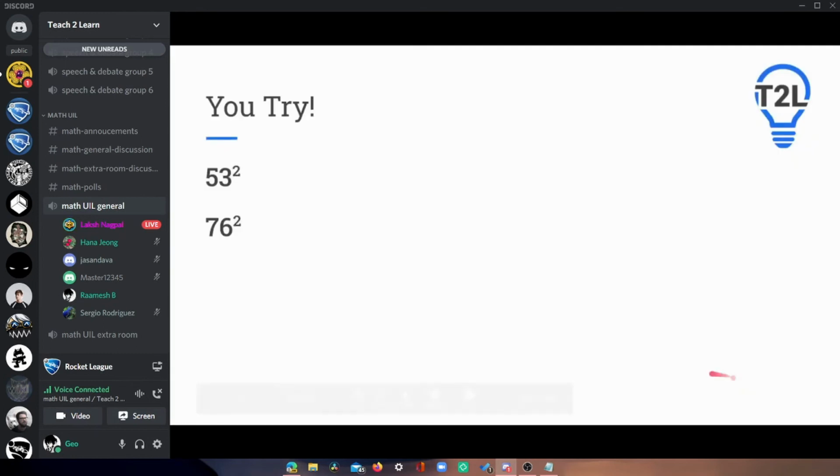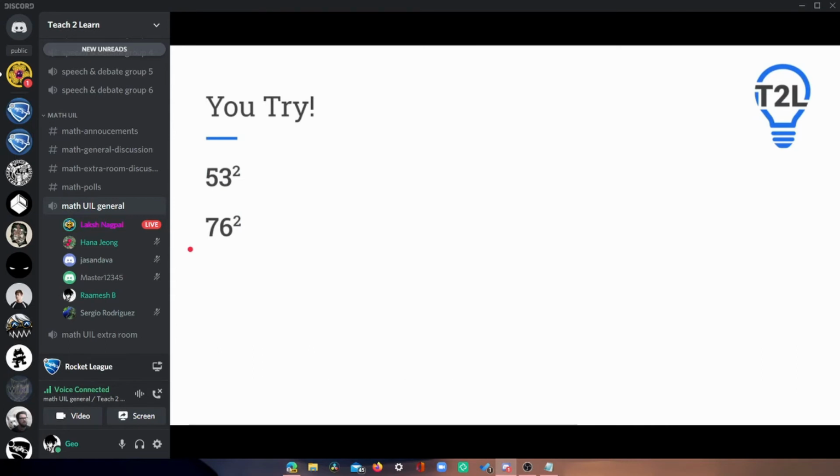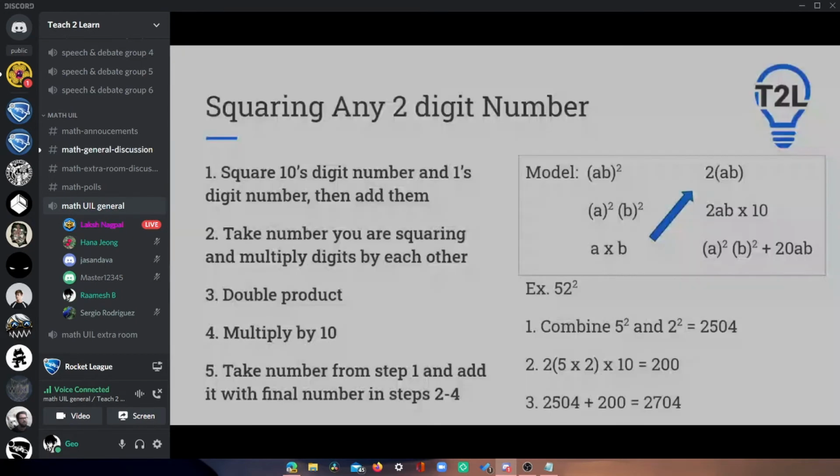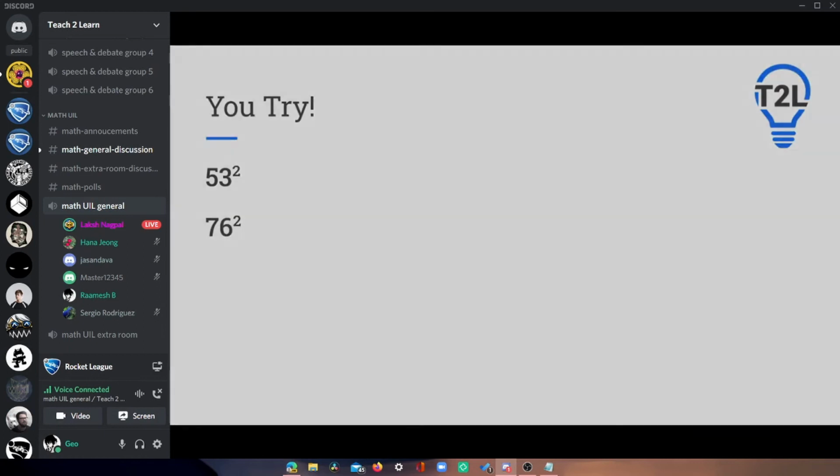So yeah, go ahead and try these, and it's okay if they take a while. You can also probably use paper on these since they require a lot of steps. And let me know if you guys want me to go back to the steps since there was a lot. Okay, yeah, I'll go back. Just try to use 52 as the example, and then here, it's 53 squared and 76 squared.